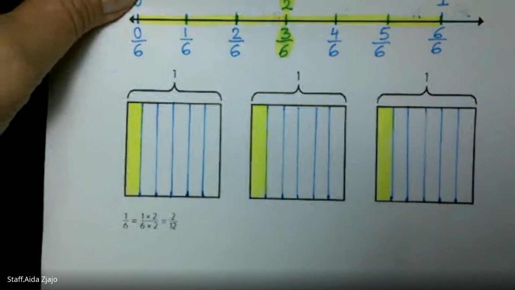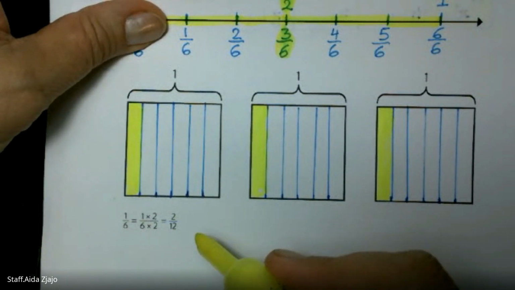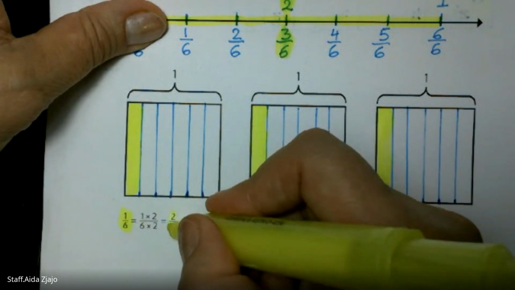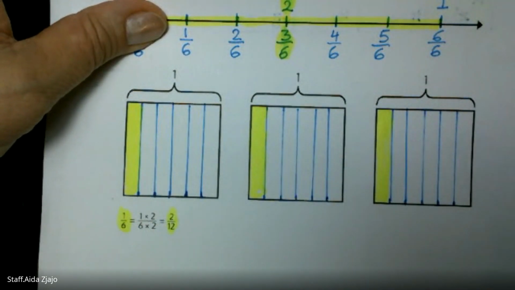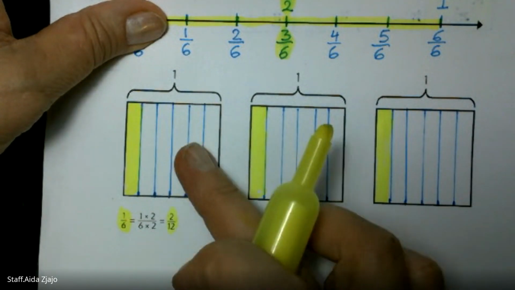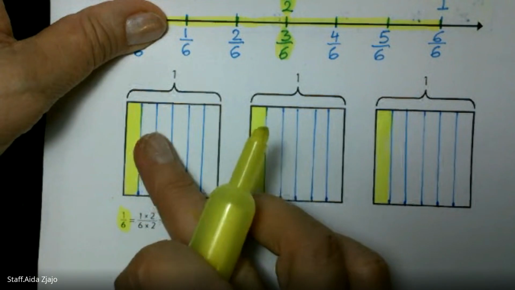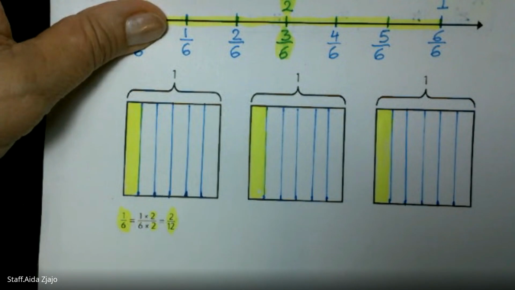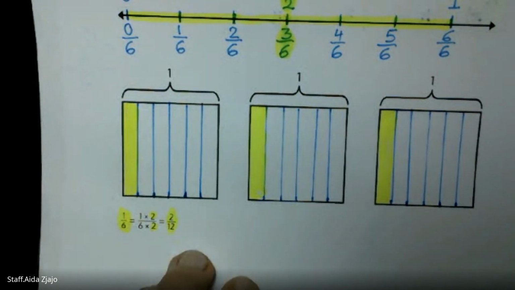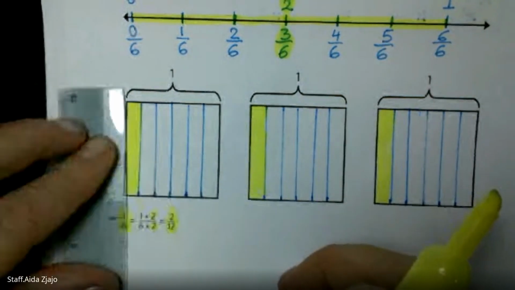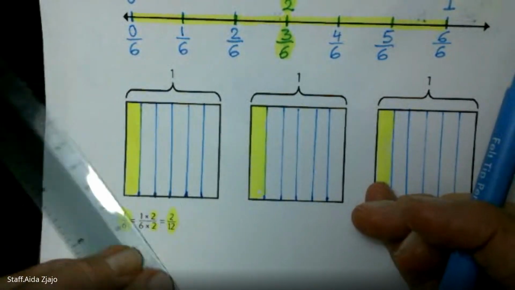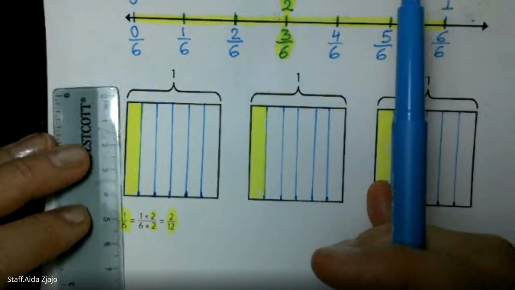So the first equation is already given. 1/6 is the same as 2/12. What that means is that I need to cut each sixth into 2 pieces. So I will make 12 pieces total. The best way is to find half of this.